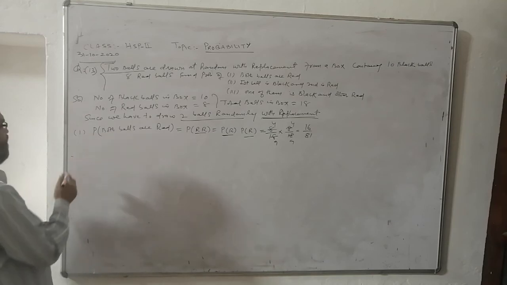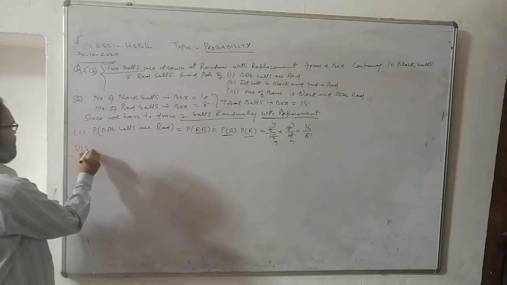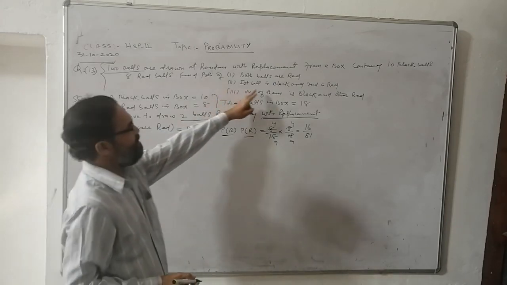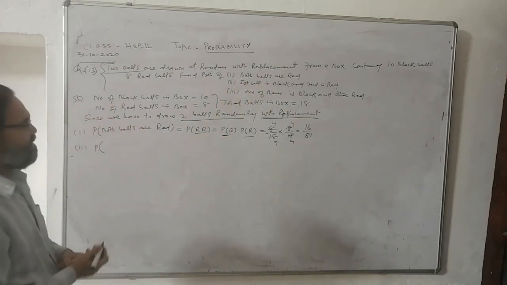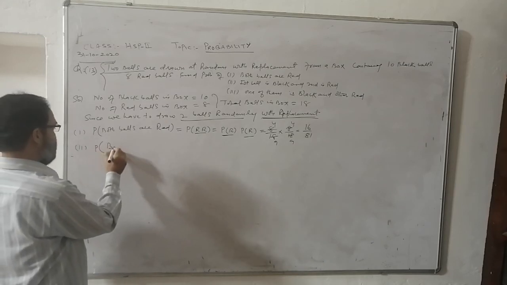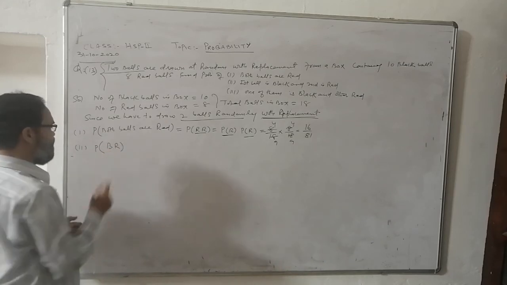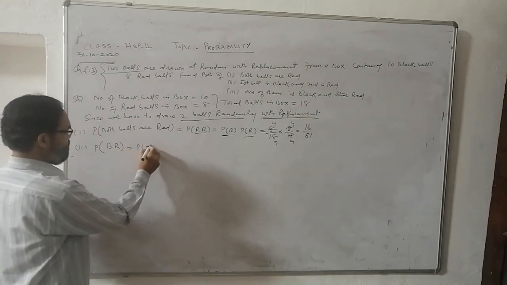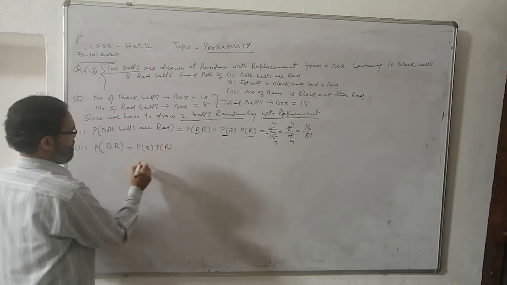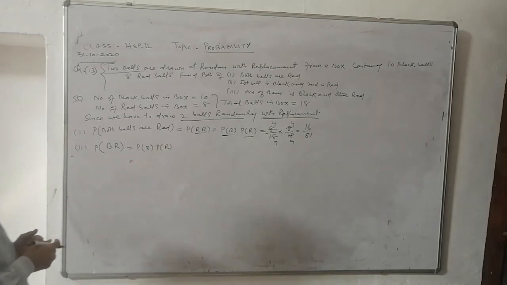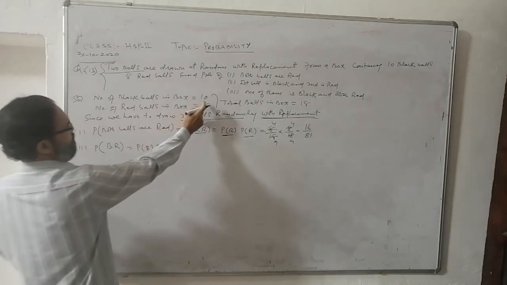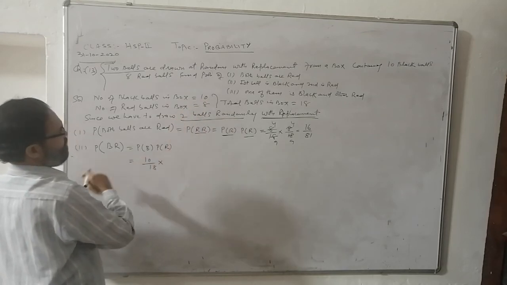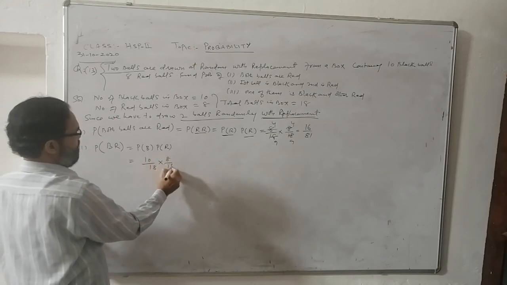What the second part says is we have to find the probability that the first ball is black and the second ball is red. That means the first ball is black and the second is red. This will equal the probability of a black ball, which is 10 upon 18, times the probability of a red ball, which is 8 upon 18.